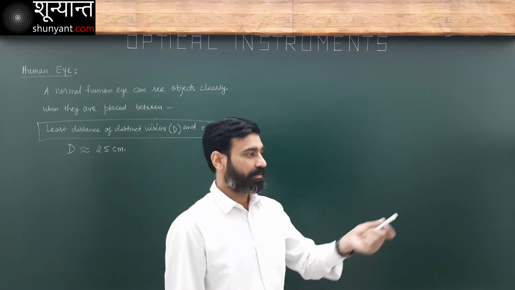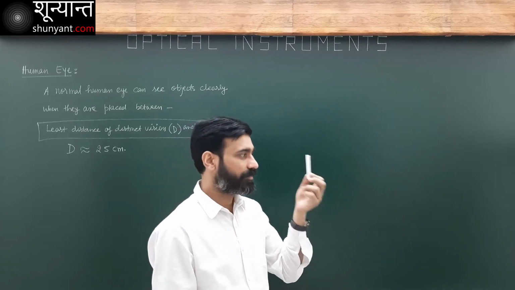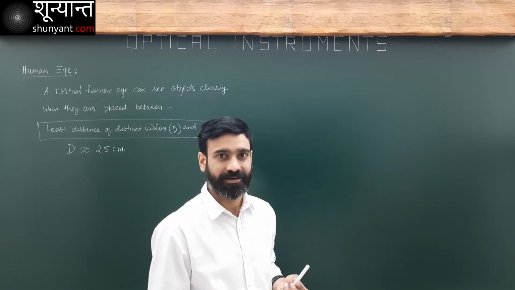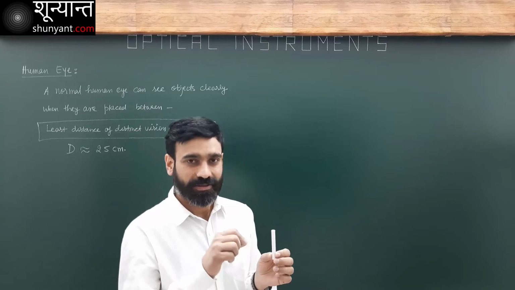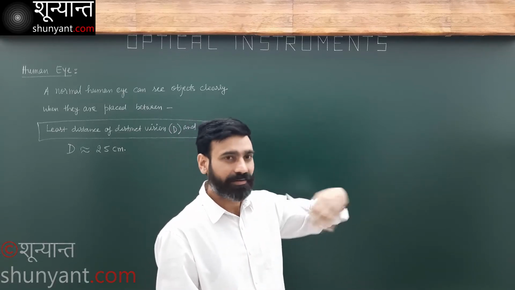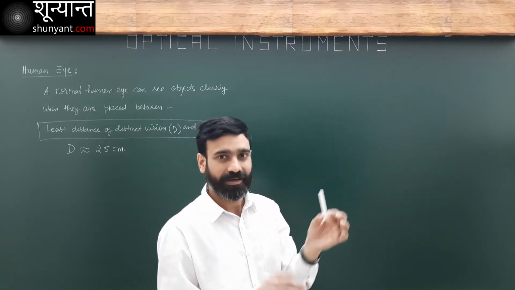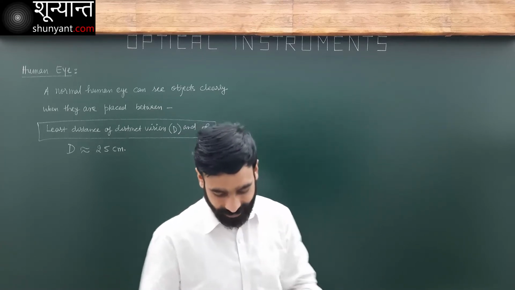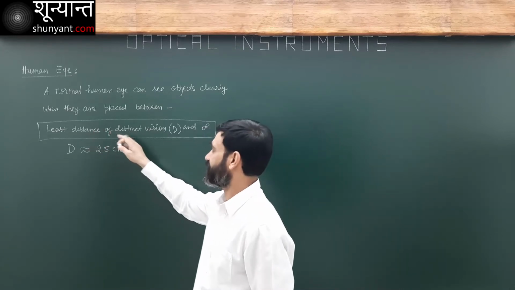What it means is that if the object is kept closer than 25 centimeter, then I cannot see it clearly. To see the object clearly, it must be kept anywhere between 25 centimeter and infinity, at any distance more than or equal to 25.